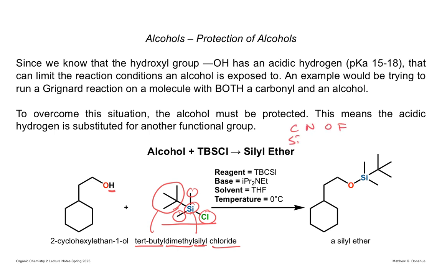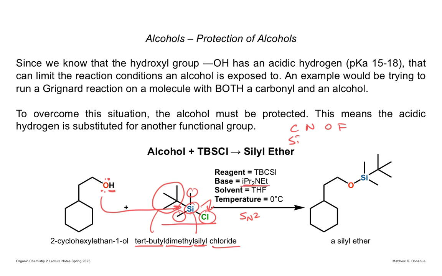Below carbon is silicon. Things that are in the same group have the same type of chemistry. So silicon bearing a chlorine, that's a good leaving group. What happens is just an SN2 reaction. That oxygen will attack that silicon and displace the chlorine.